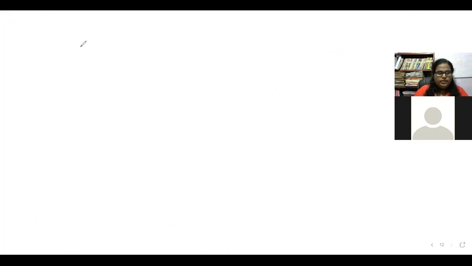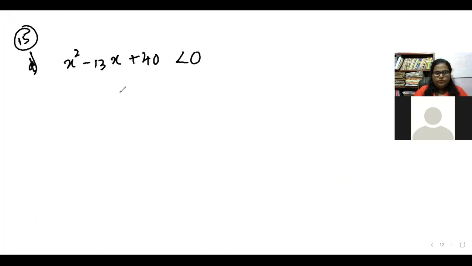So this is part B of the 15th question. It is given like x square minus 13x plus 40 greater than 0. So here you know that you can factorize this one as a normal equation.